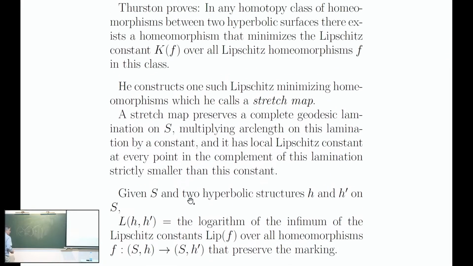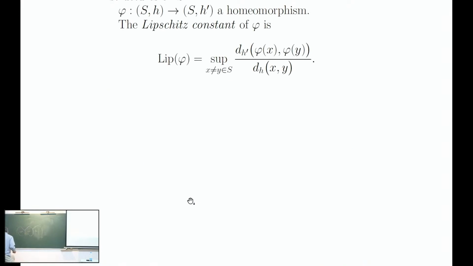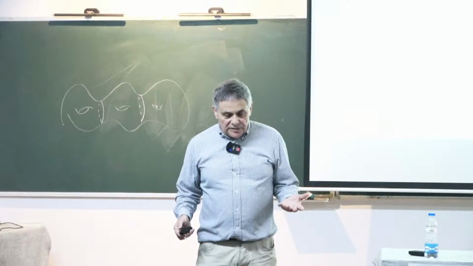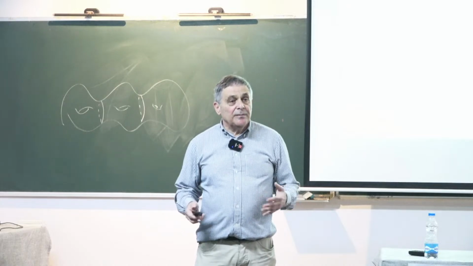From this definition of a Lipschitz constant, the first question is: does there exist a homeomorphism with minimum Lipschitz constant?